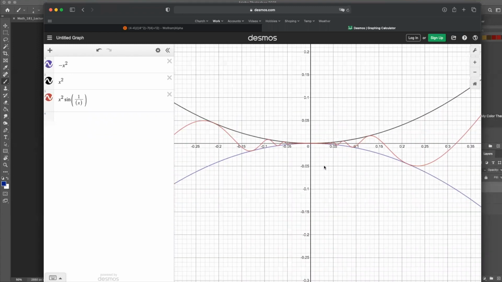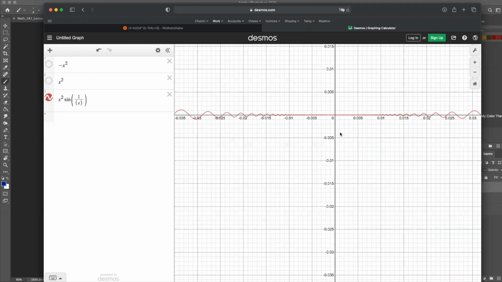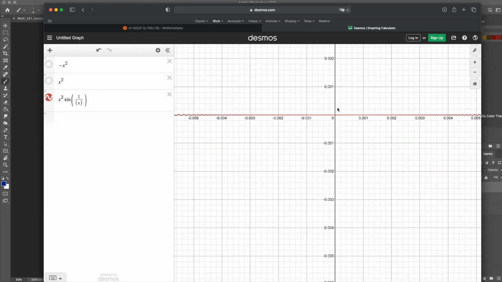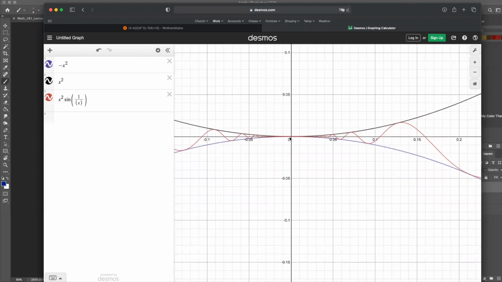Let's get really close. It comes up, touches this, comes down, comes up, comes down. But without these two functions, as I zoom in on this, it's still just kind of wavy. It looks like it's going to 0, but it's still waving too much for us to say that. So we just squeeze it between these two functions. Since I know this goes to 0 and this goes to 0, I can say that this limit goes to 0. It's just a way of handling that.